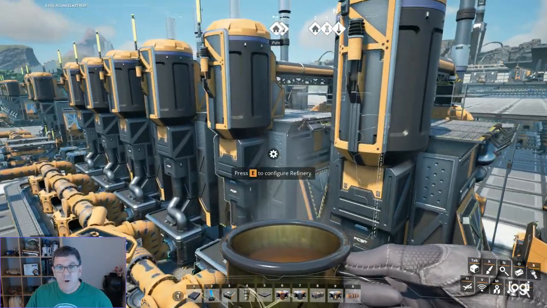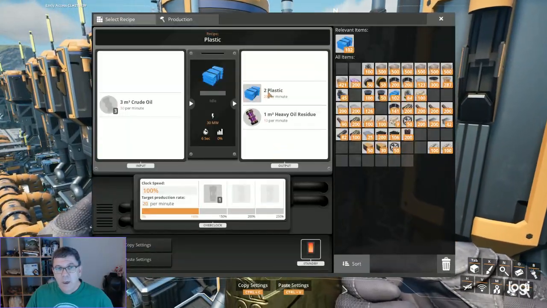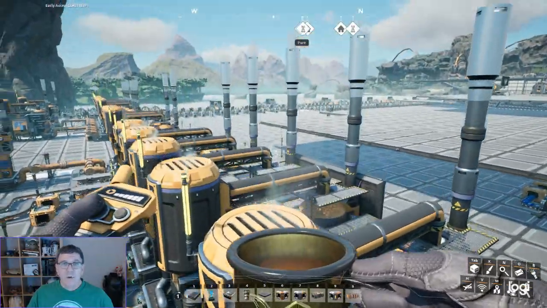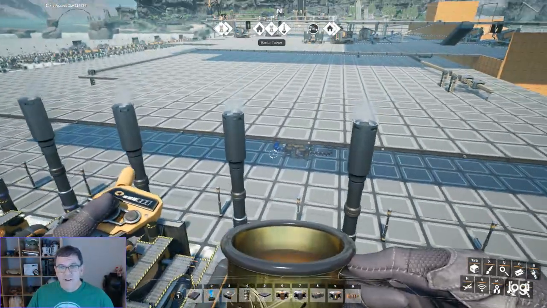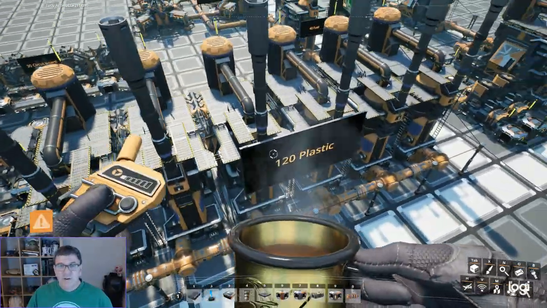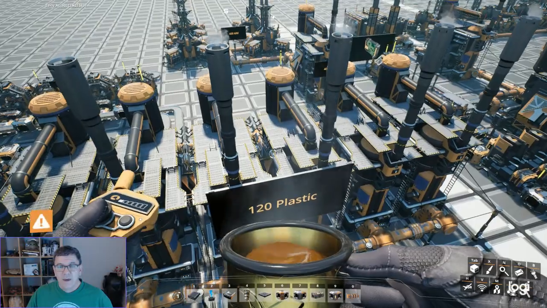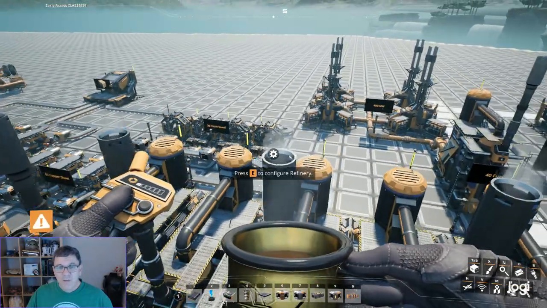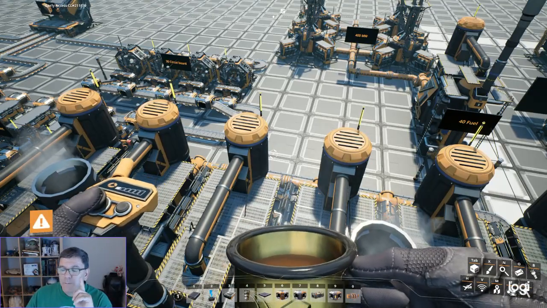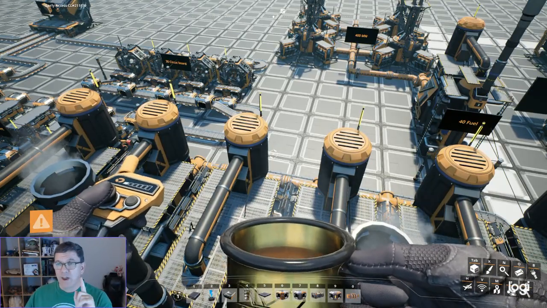So if we go back over to here, in order to get the plastic, we need 6 refineries to make 120 plastic. That's just to make enough plastic for the circuit boards. But as we all know, we've got heavy oil residue that we've got to get rid of.